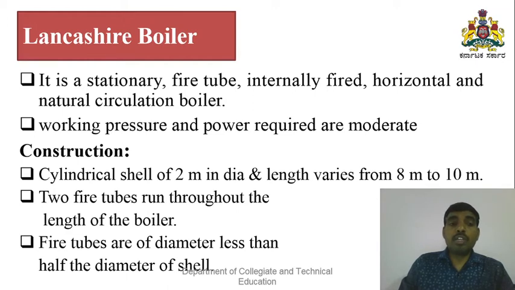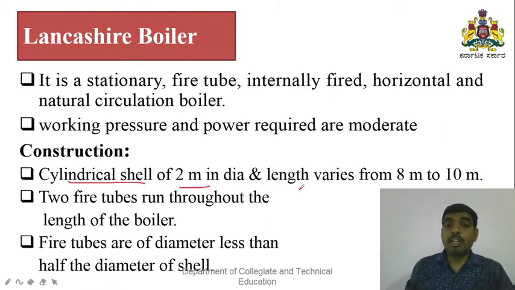This boiler consists of a cylindrical shell of 2 meter diameter, and length varies from 8 meter to 10 meter. Secondly, two fire tubes run throughout the length of the boiler. You see here we have a cylindrical shell of 2 meter diameter, length varies from 8 to 10 meter. Again, two fire tubes run throughout the length of the boiler.